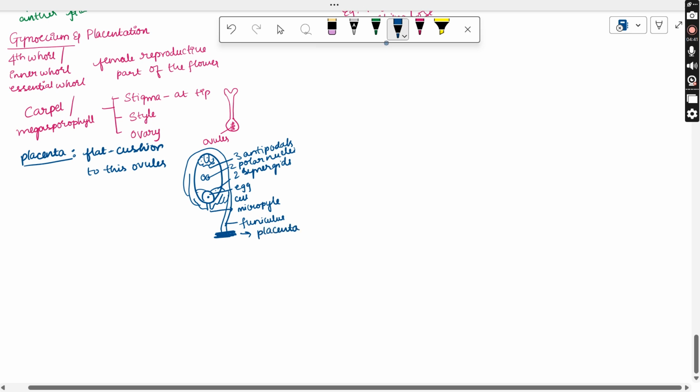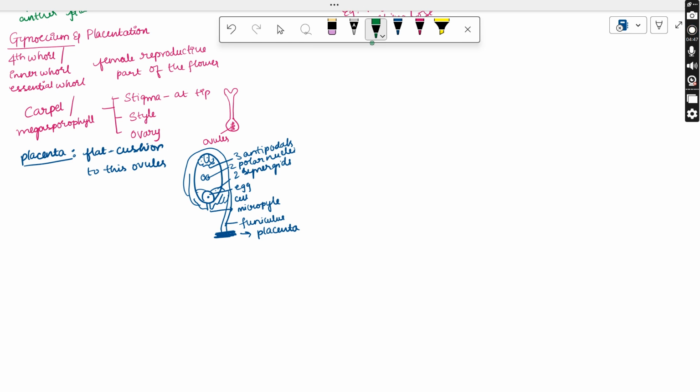Now let us see how these ovules are arranged in the ovary onto the placenta in different modes. Before that, we should know the condition of these carpels. The carpel is nothing but the stigma, style and ovary collectively called a carpel. If a single structure is present, we call it a carpel.